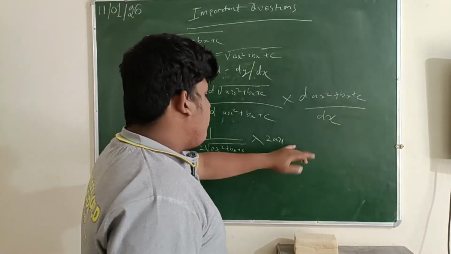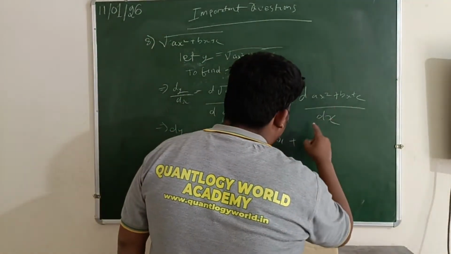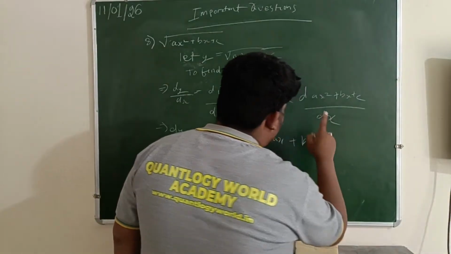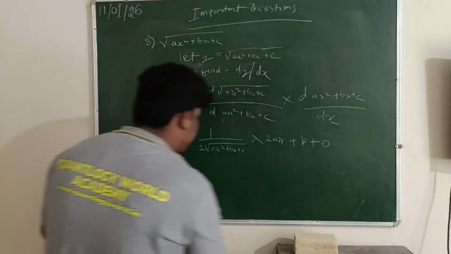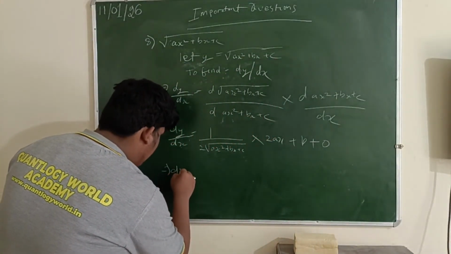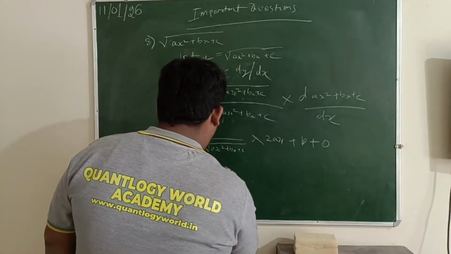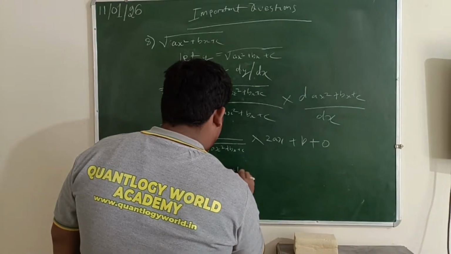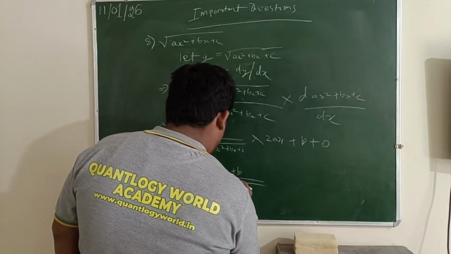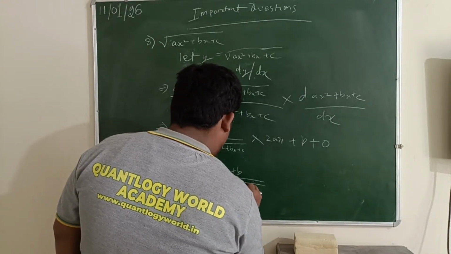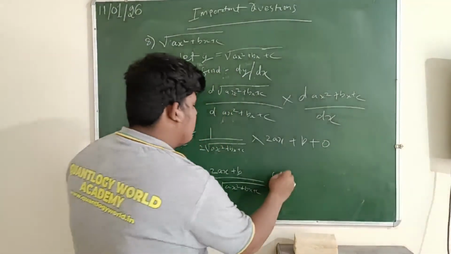Plus the derivative of bx is b, plus c constant. The derivative of any constant is 0, so plus 0. Implies that dy by dx equals (2ax plus b) by 2 root of ax square plus bx plus c. So this is the final answer which we get.